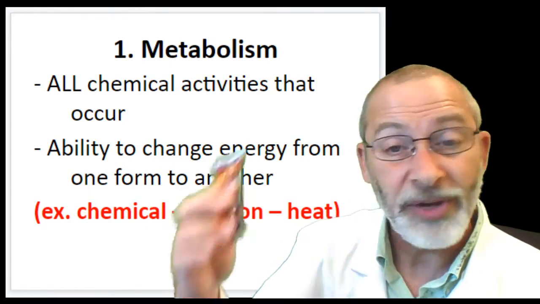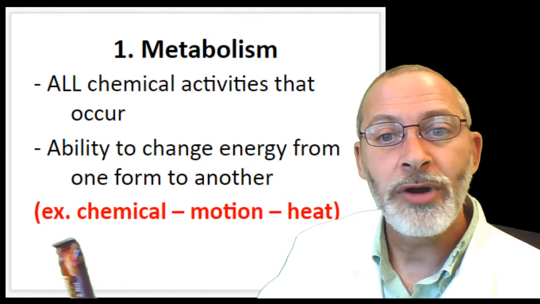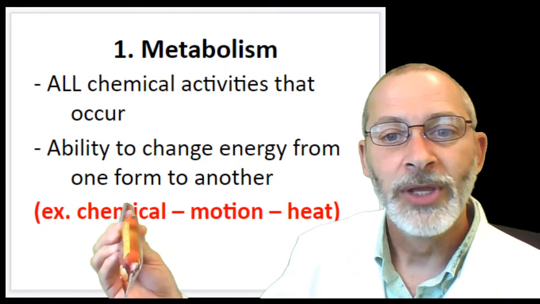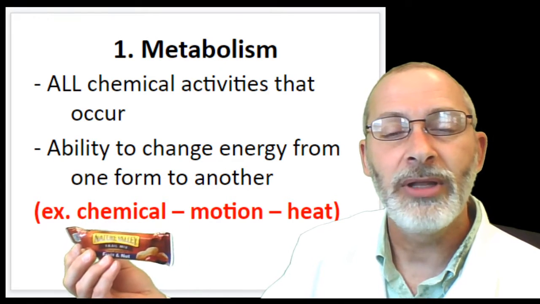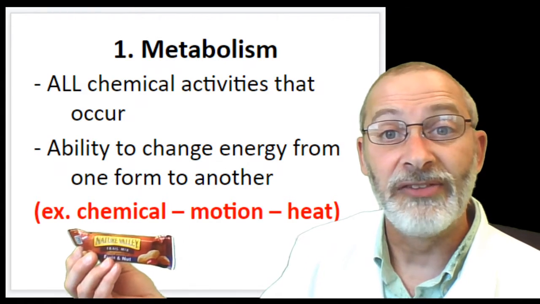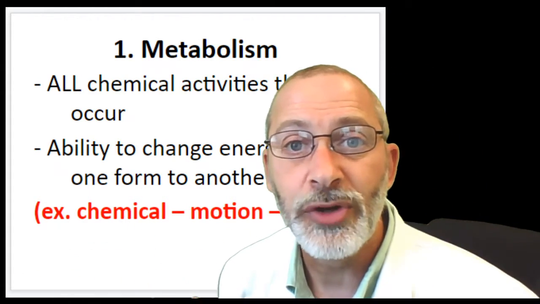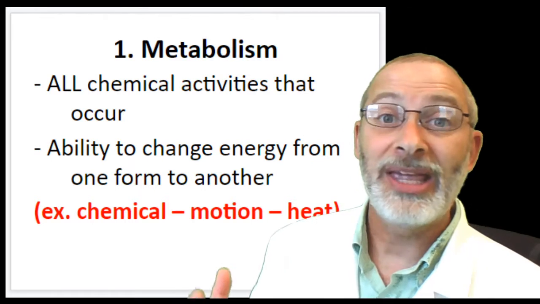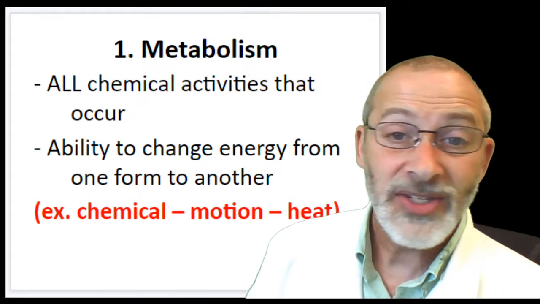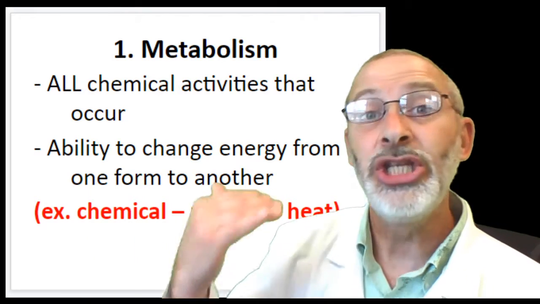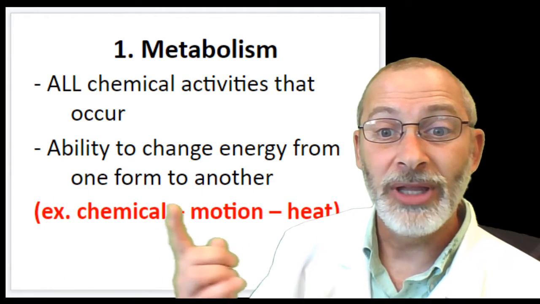But food is a form of chemical energy, and you need chemical energy as a living being because all of the cells of your body require chemical energy. That's like the starting point of metabolism. You've got to ingest chemical energy.